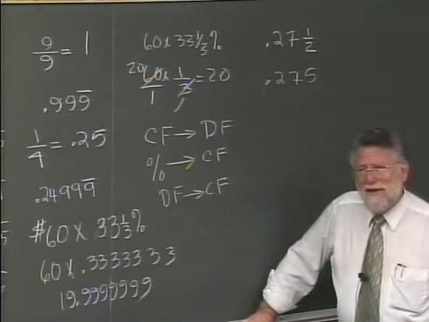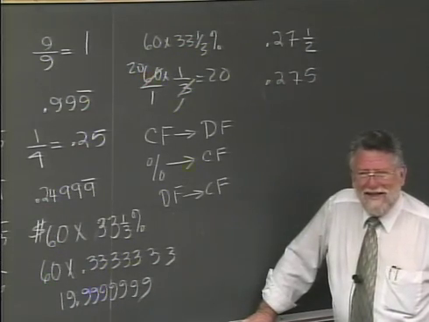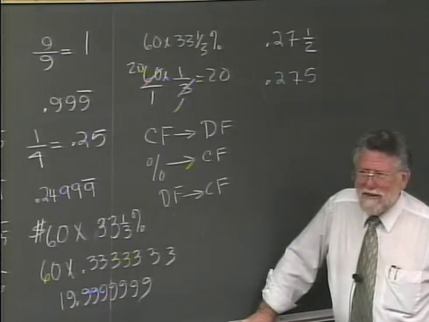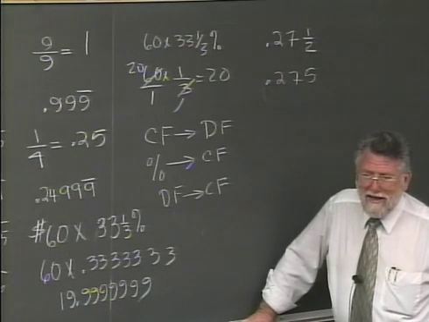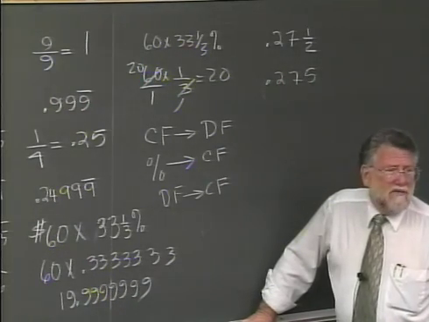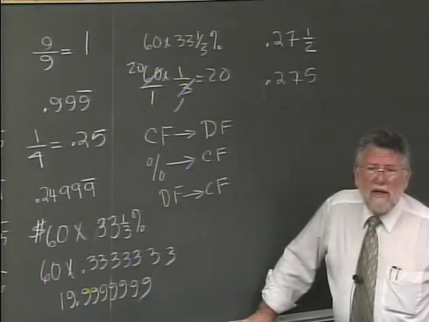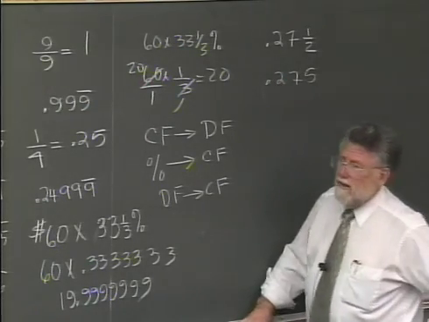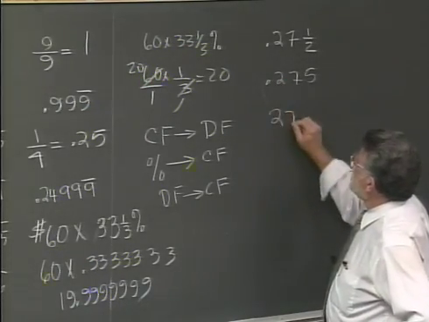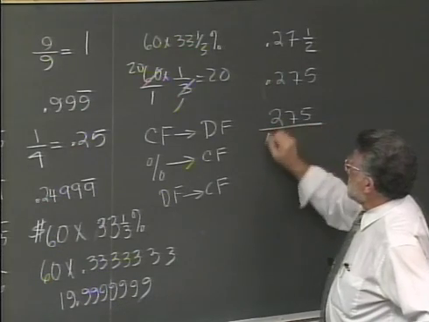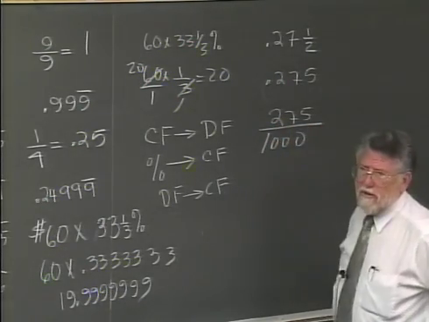Verbal notation, not the way I want it. You don't want the decimal point if you're going to do what you're doing. You're on the right track. 275 thousandths. Listen to what you said. 275 thousandths. And then just reduce.